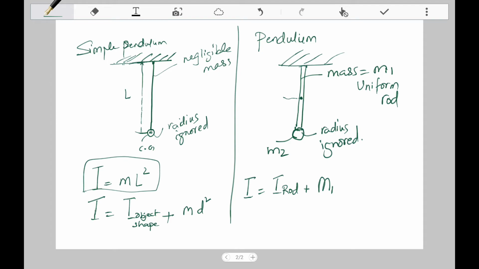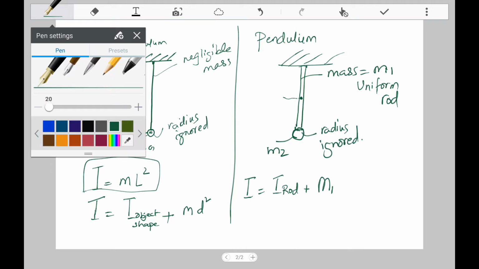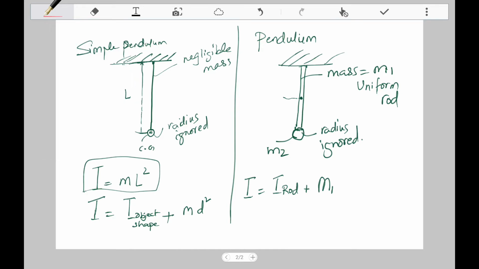Let's just agree on something. First things first, you have to define your axis, the axis that you want to find all your moments about. In this case, it's going to be the end of the pendulum, or the end of the rod, the line passing through the axis of rotation.